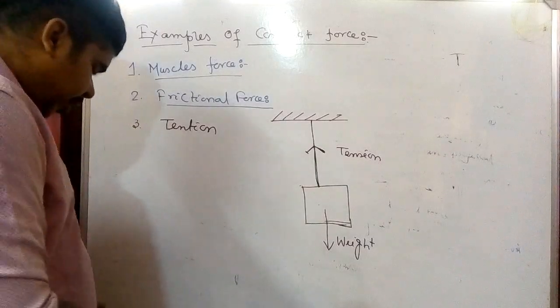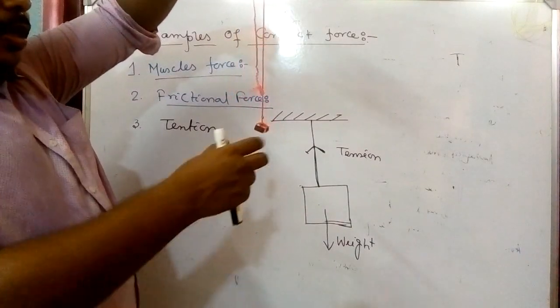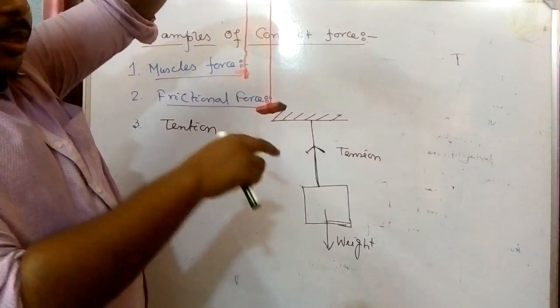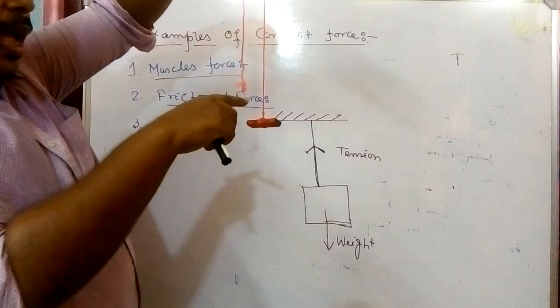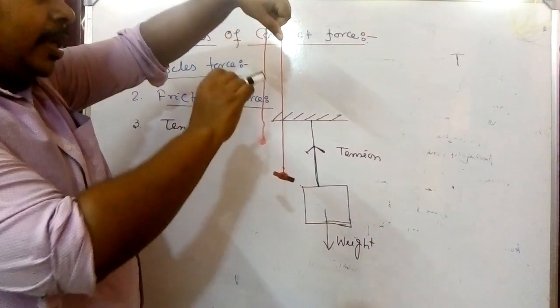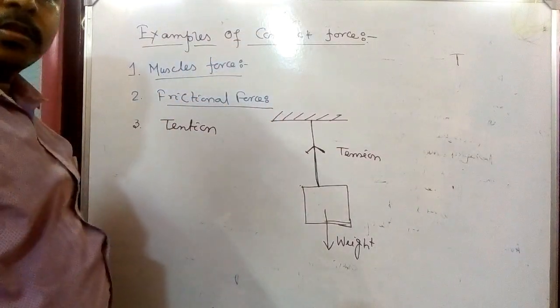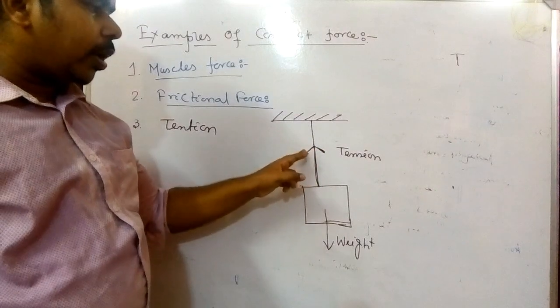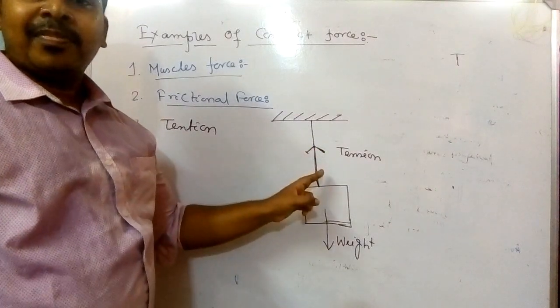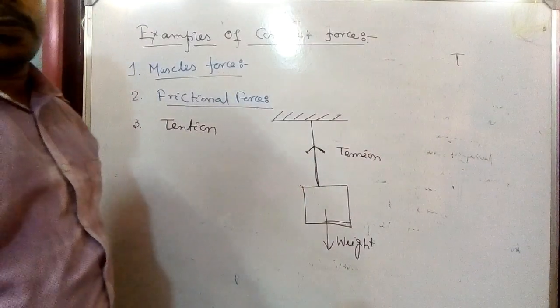If you hang an object, the weight of the body is acting downward, and the tension is acting over the thread. And definitely the tension is a contact force, because it is just in contact with the thread. The thread is in contact with the body, so that is also a contact force.